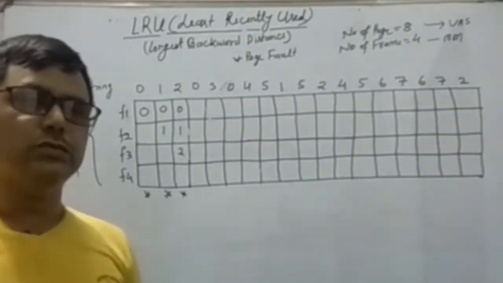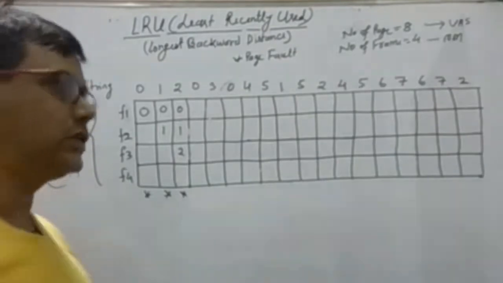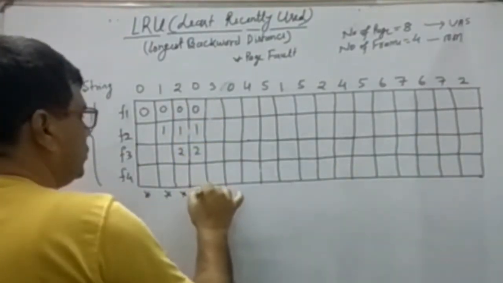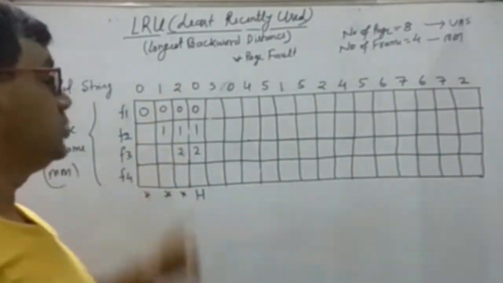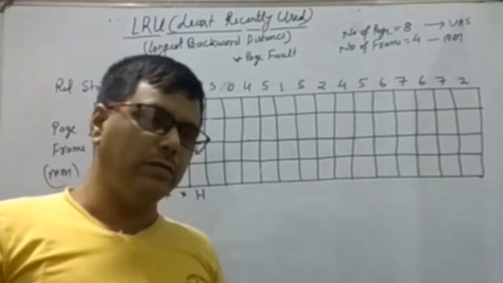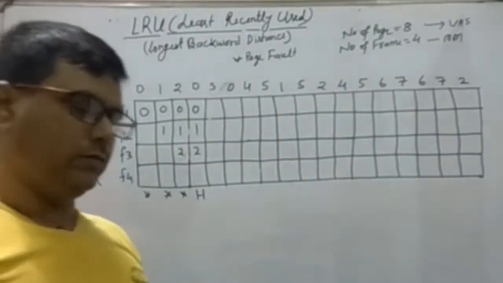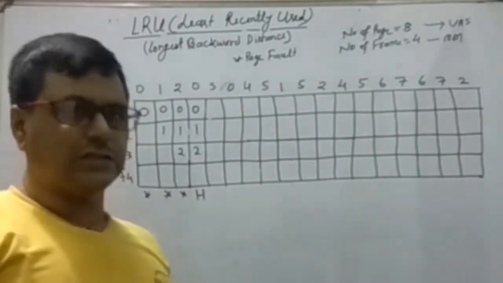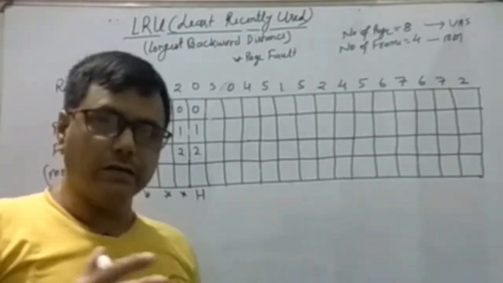This is a special condition known as a hit. Here a hit means page 0 is requested by the CPU and that page is available in main memory, and we access it through the page map table and the page is fetched.